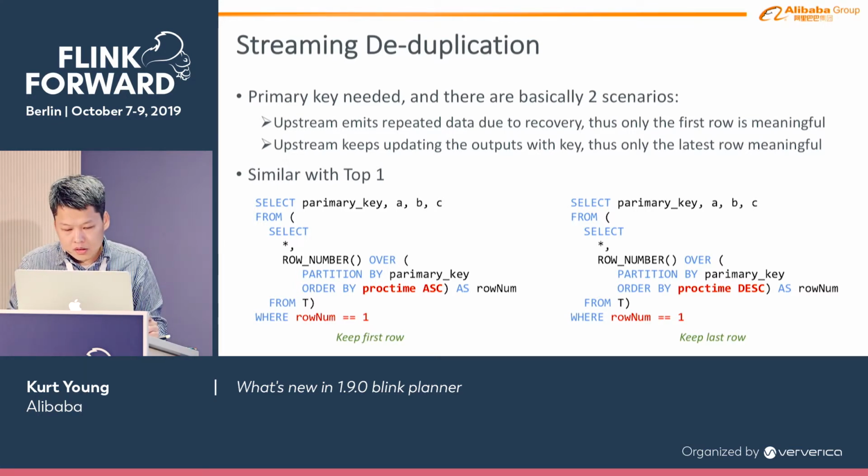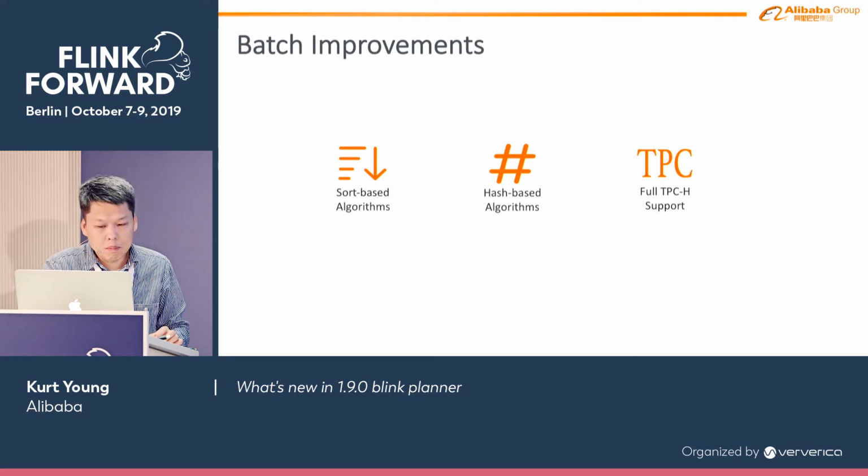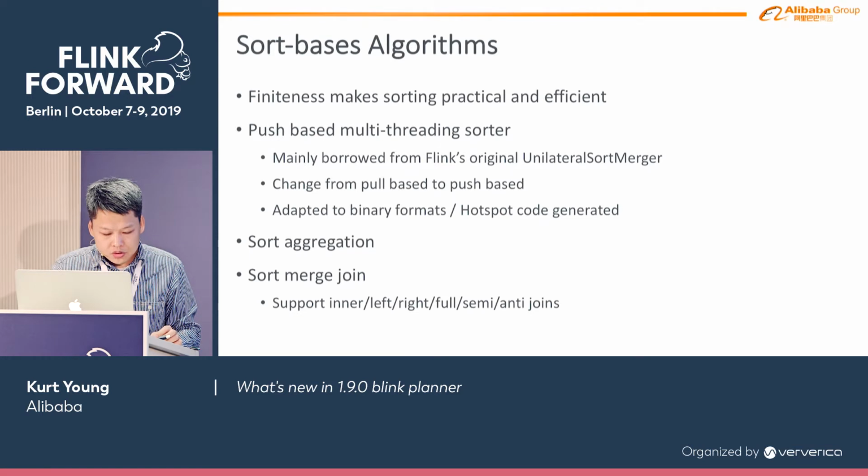So that's about streaming. Let's talk about some batch improvements. For batch, the biggest difference, and the reason batch can improve performance in some scenarios, is the data finiteness.